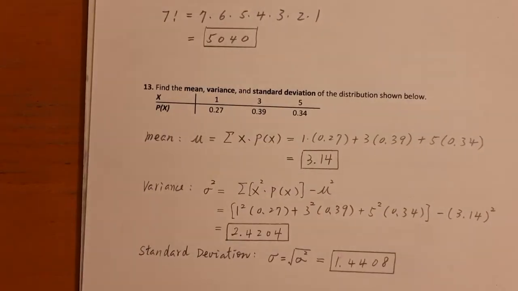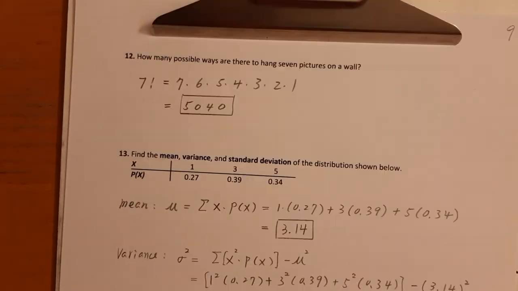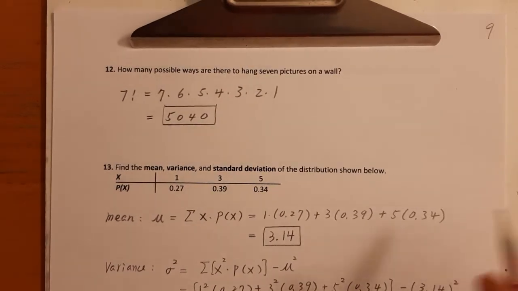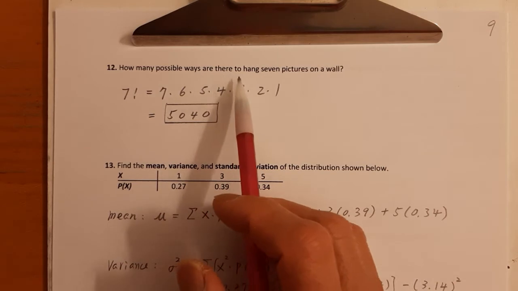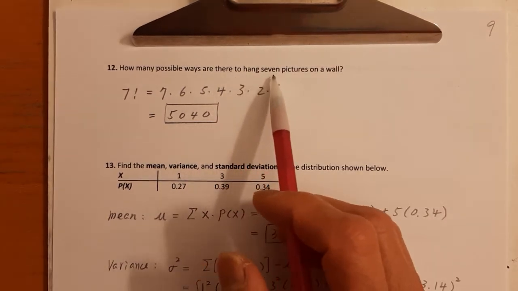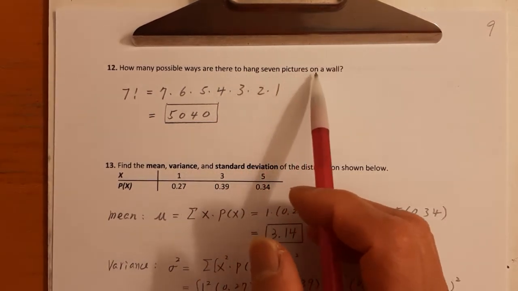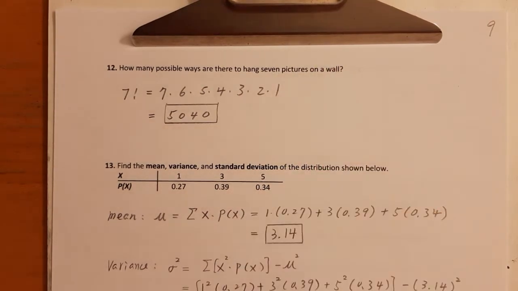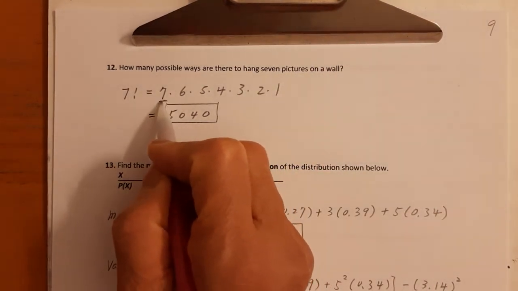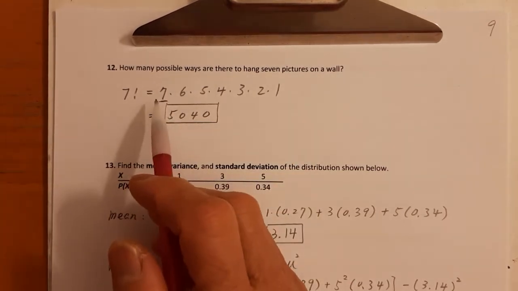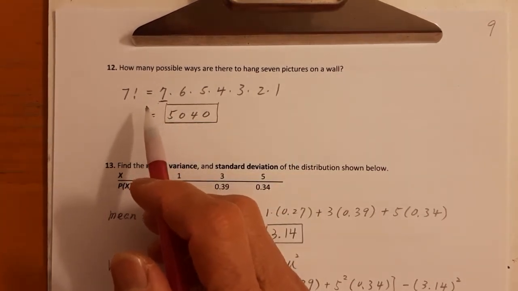Then the next question: how many possible ways are there to hang 7 pictures on a wall? For the first position, you can have 7 choices.